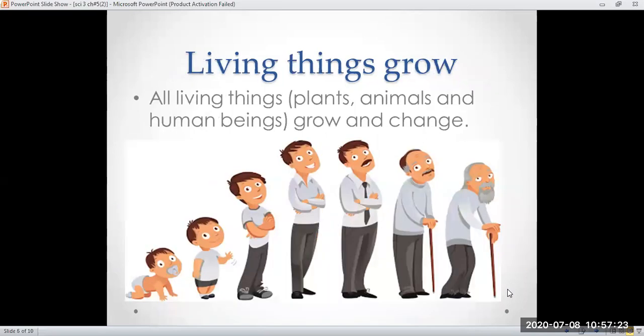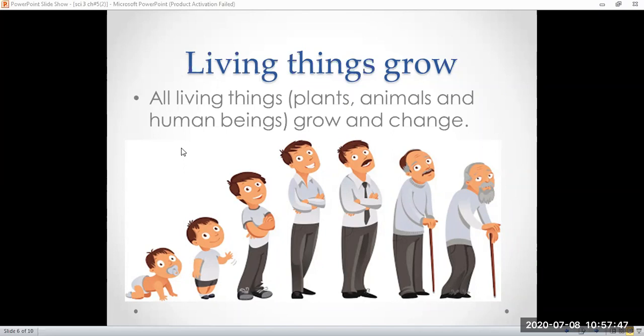The next quality of living things is that all living things grow. Plants grow, animals grow, and human beings also grow. As you all know, first there is a seed, the seed then grows later on, and then it becomes a big tree. So this shows that plants are growing.